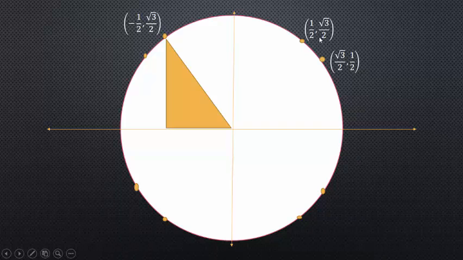This ordered pair comes from the one we were just looking at, but the x value will now be negative since we're in quadrant 2. The y value is exactly the same. So this ordered pair helps me evaluate cosine of 120. Cosine of 120 degrees is this x value, negative 1/2, and sine of 120 degrees is the square root of 3 over 2.